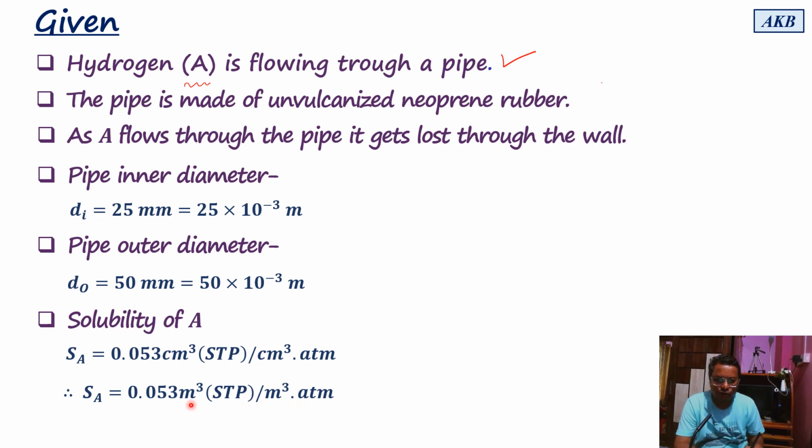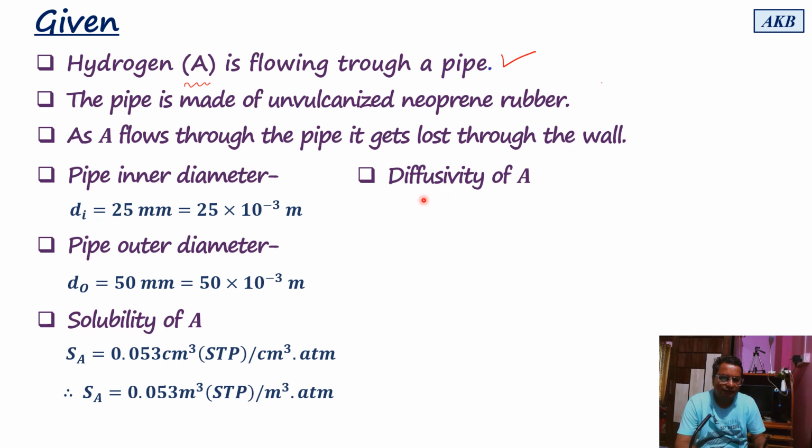When you have meter cube in the denominator and meter cube in the numerator, the value will not change. So the solubility is equal to 0.053 m³ measured at STP per m³ per atmosphere.